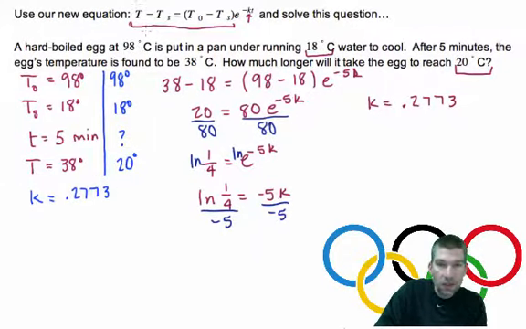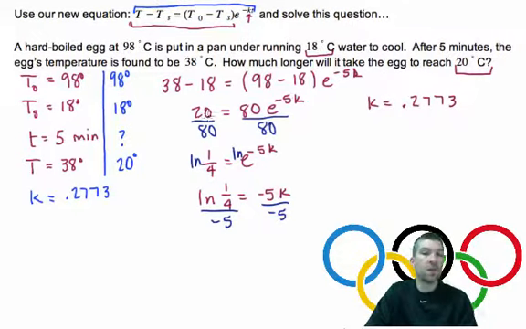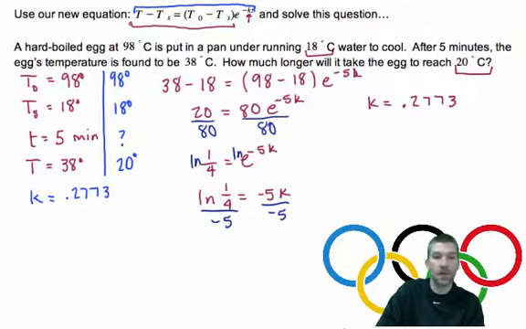So I can use this equation again, Newton's law of cooling. I'm going to do it one more time. And this time I'm going to solve for t instead of k. So it's all the same things that we just have worked out. This time, t instead of k.